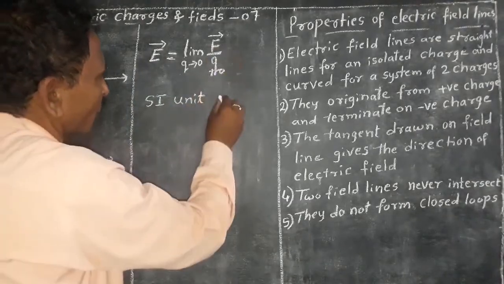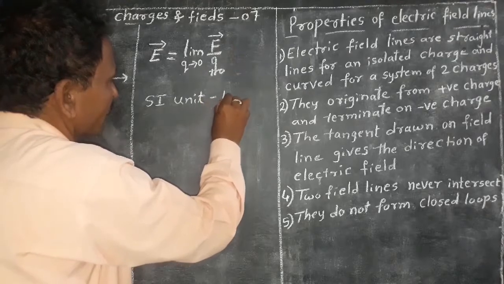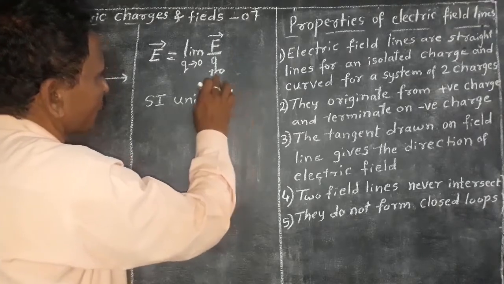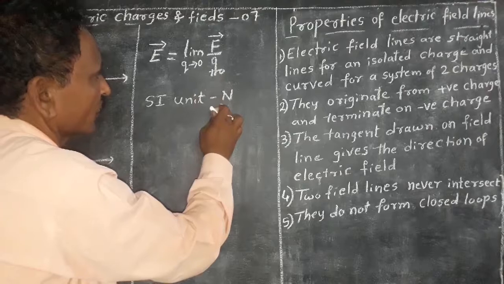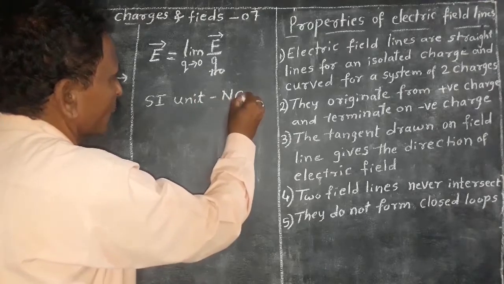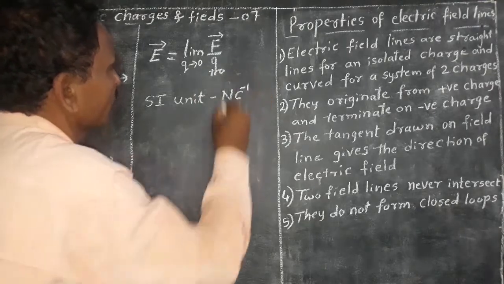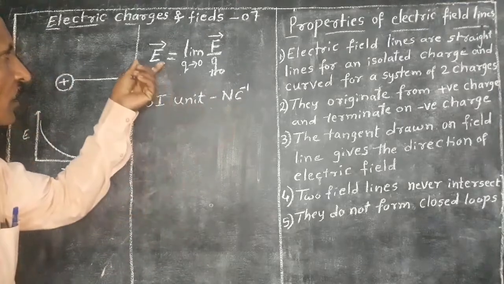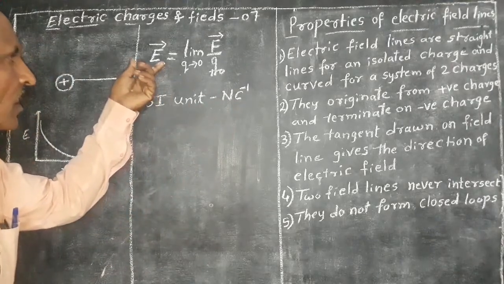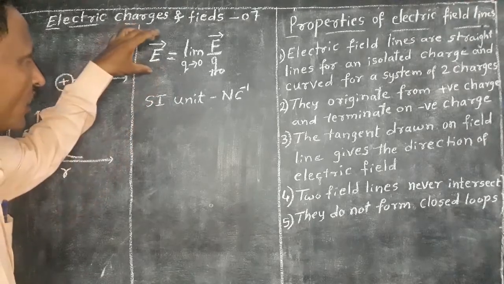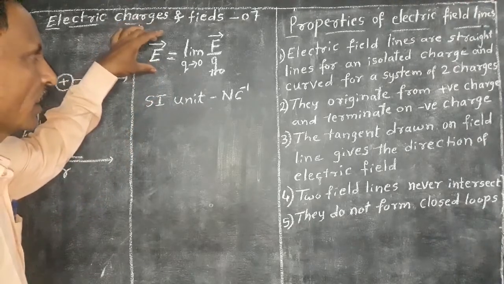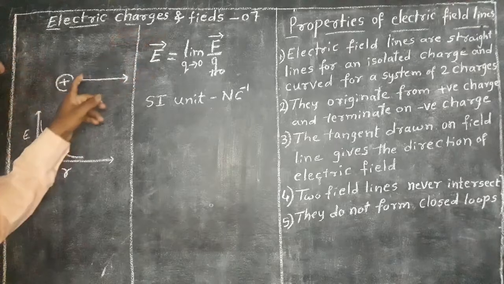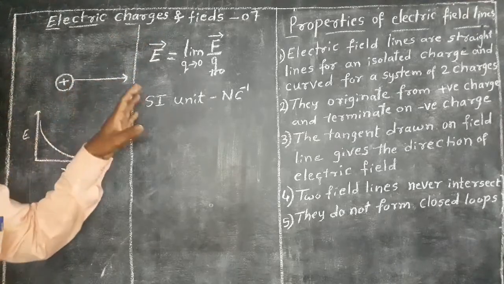Therefore, the unit of force is Newton and the unit of charge is Coulomb, that is, Newton per Coulomb. Therefore, Newton per Coulomb is the SI unit of electric intensity. And the direction of electric intensity is the direction of electric field.